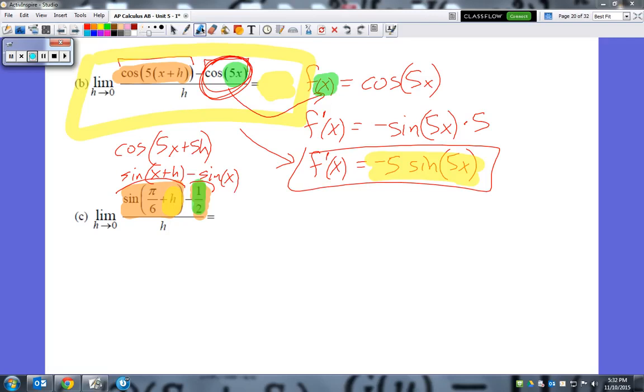Okay? Again, the only thing different should be that h. So if that is true, that means sine of x is equal to 1/2. And we know that is the case if and only if this input value is pi over 6.